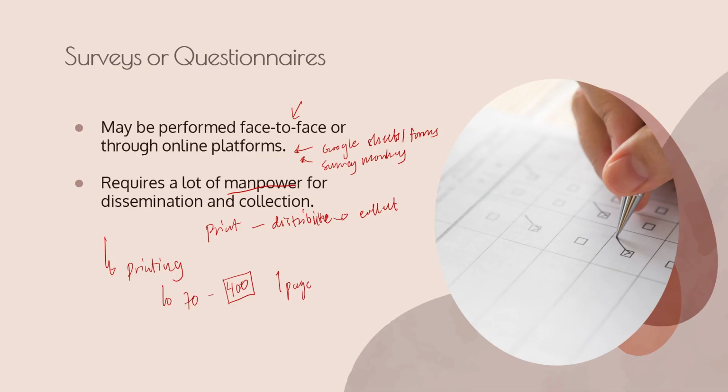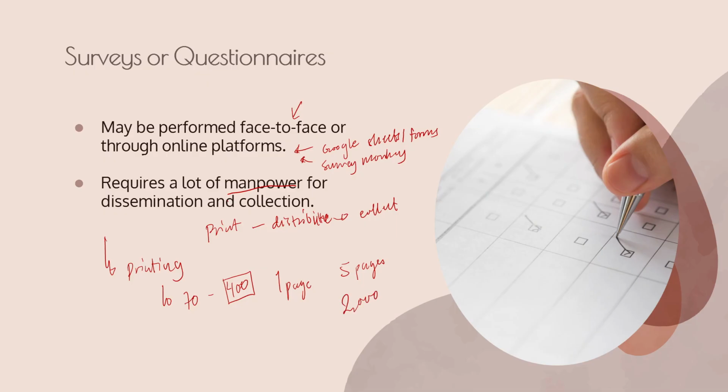So let's say you need at least 5 pages for the survey, including the informed consent forms, the participation forms, and all the formal research agreements that you're going to have with your respondents. Then you would have at least 2,000 pages to print.